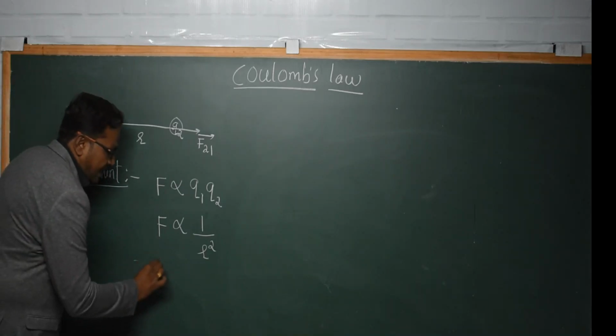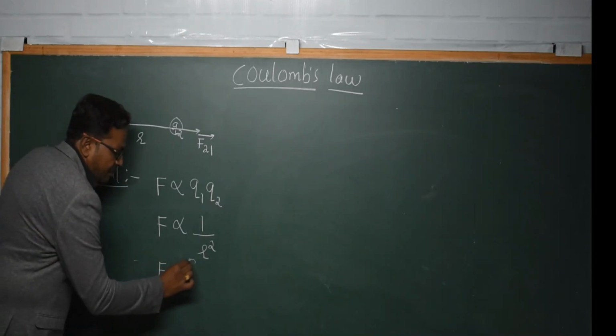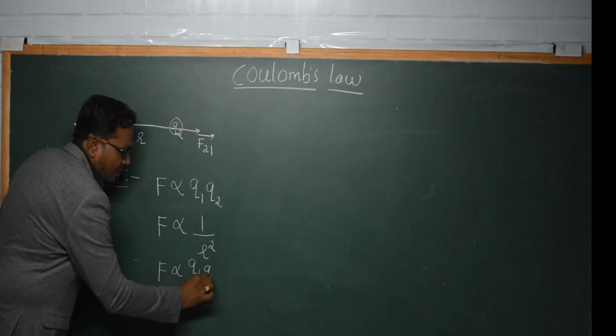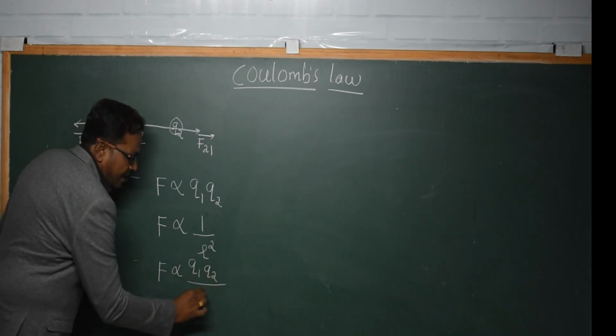Therefore, we can write F is directly proportional to Q1 Q2 divided by R square.